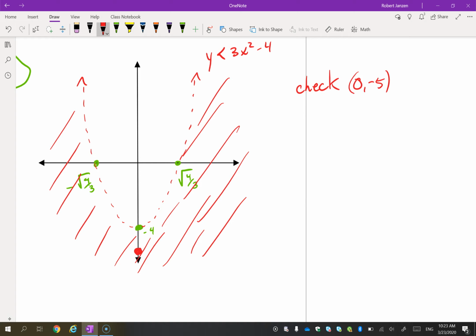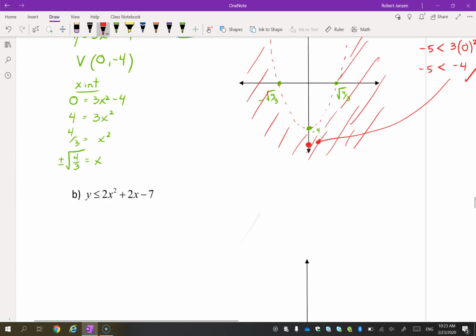So that means it should work in the inequality. Let's see. Is -5 less than -4? Yes. This tells me that point should be in the shaded region, and it is. Okay, so there's your graph.